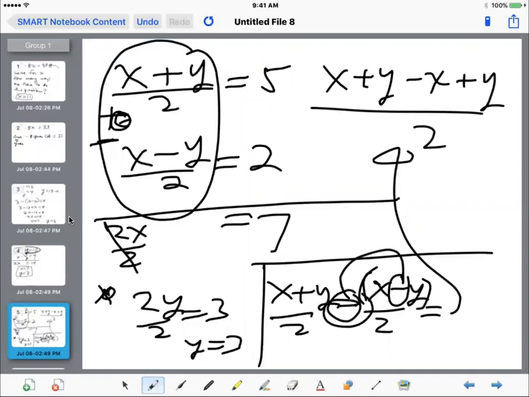And then the x's cancel out. So if we're lucky enough to somehow be told what (x plus y) over 2 is and (x minus y) over 2 is, that's ideal. Then I could just add them, and I have x, and subtract them, and I have y.